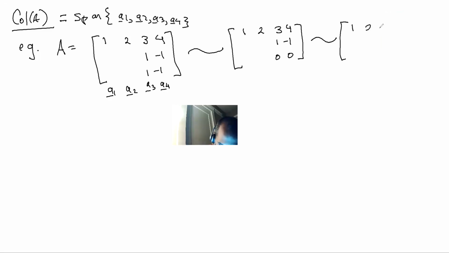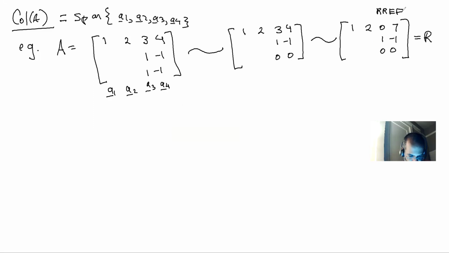So I get 1, 2, 0, 7, 1, minus 1, 0, 0. That's the reduced row echelon form, and it has some different columns. The first question I want to ask is: is the column space of A equal to the column space of R?